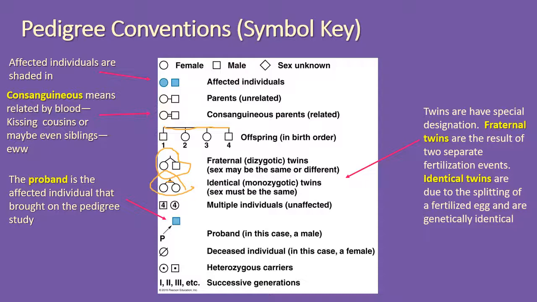If a symbol has a line crossed through it, that means they're dead. If it has a dot, that means it's a heterozygous carrier, and sometimes they'll let you know that and sometimes they won't. Then Roman numerals give you generations, and regular numbers are the number of children in the family.